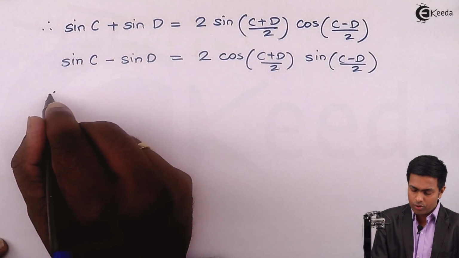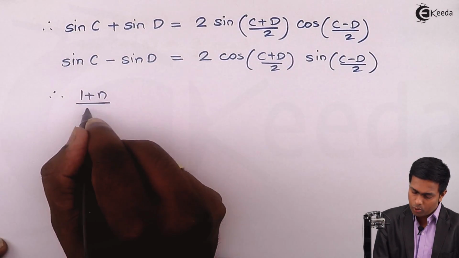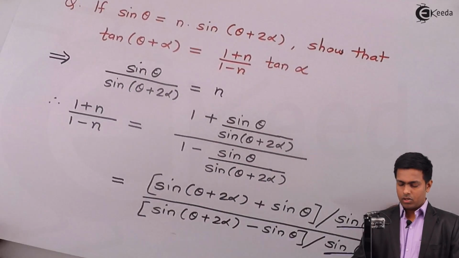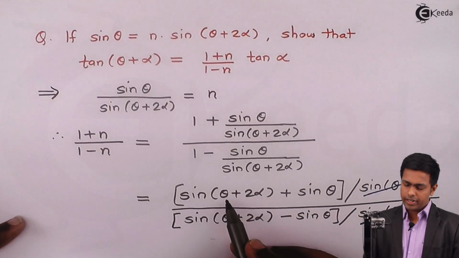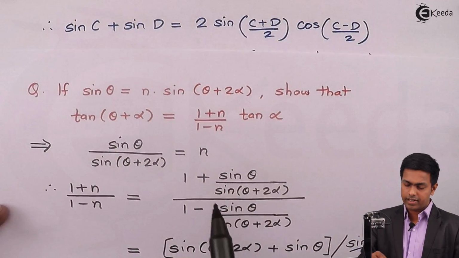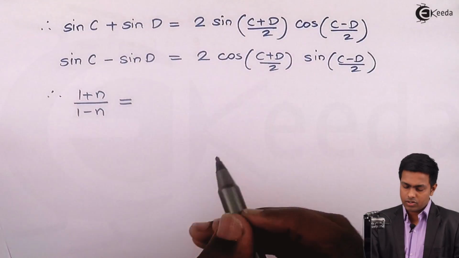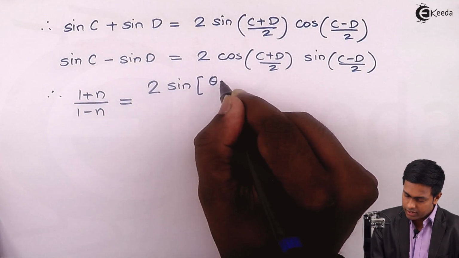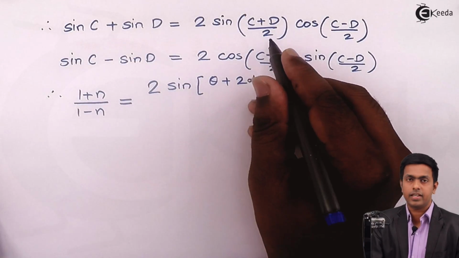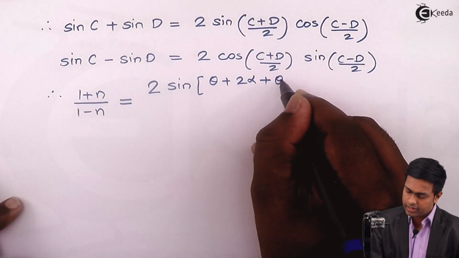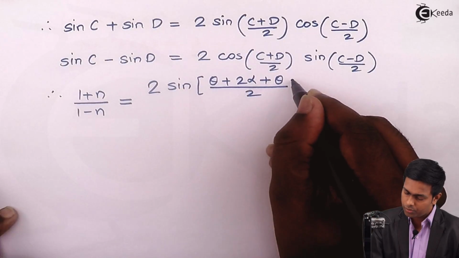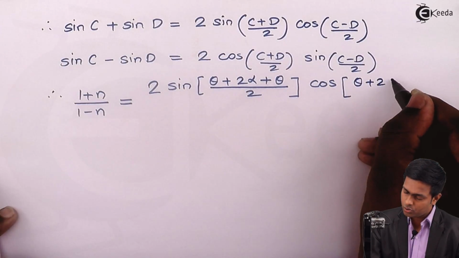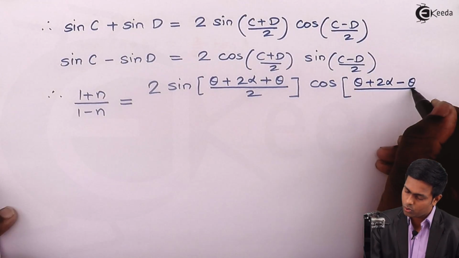So let's apply this formula. Therefore 1 plus n upon 1 minus n equals, here theta plus 2 alpha is C and theta is D. So this will give us 2 times sin of theta plus 2 alpha, that is C, plus D, that is again theta, whole upon 2 into cos of theta plus 2 alpha minus theta whole upon 2.